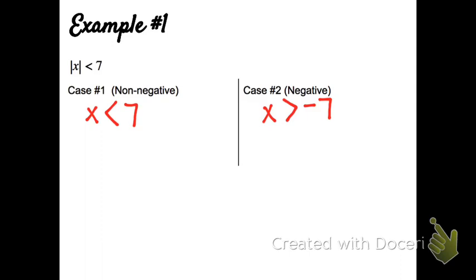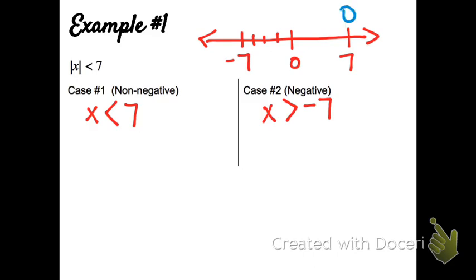The last step is to graph it. And when we do that, I'm just going to put some of the key numbers like 0, 7, negative 7. I'm not going to put all my other little tick marks and label them in here. But what this first one is saying is x is less than 7. So it's not equal to 7, so I'm going to do an open dot there. But it's everything less than 7.